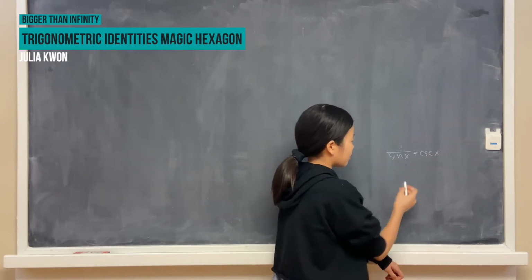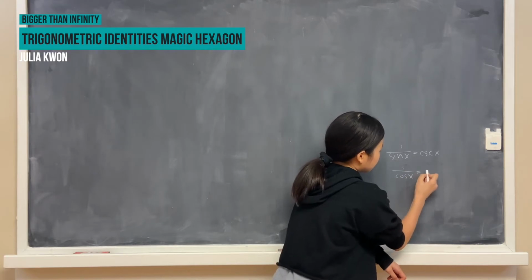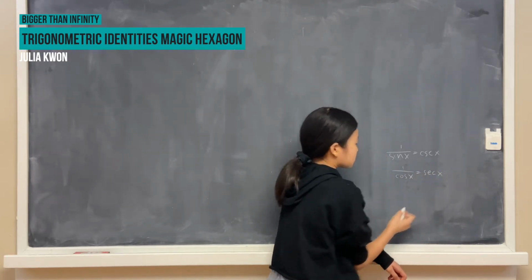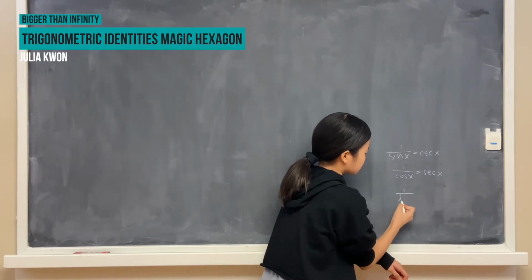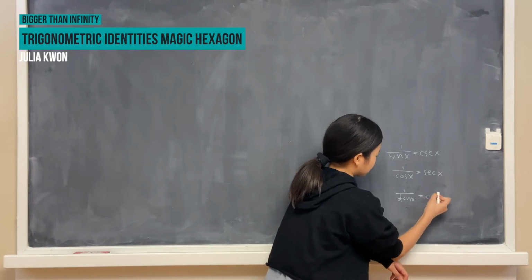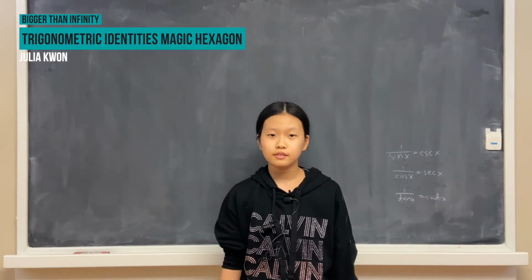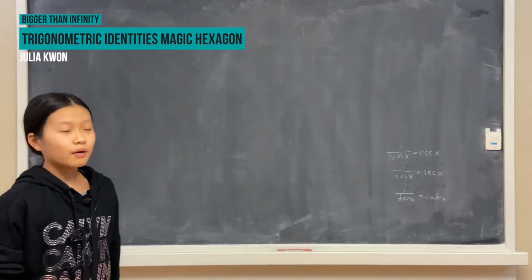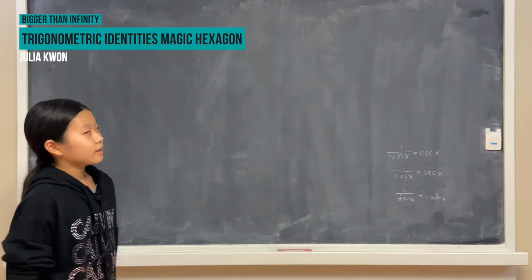The reciprocal of cosine x is secant x, and the reciprocal of tangent x is cotangent x.